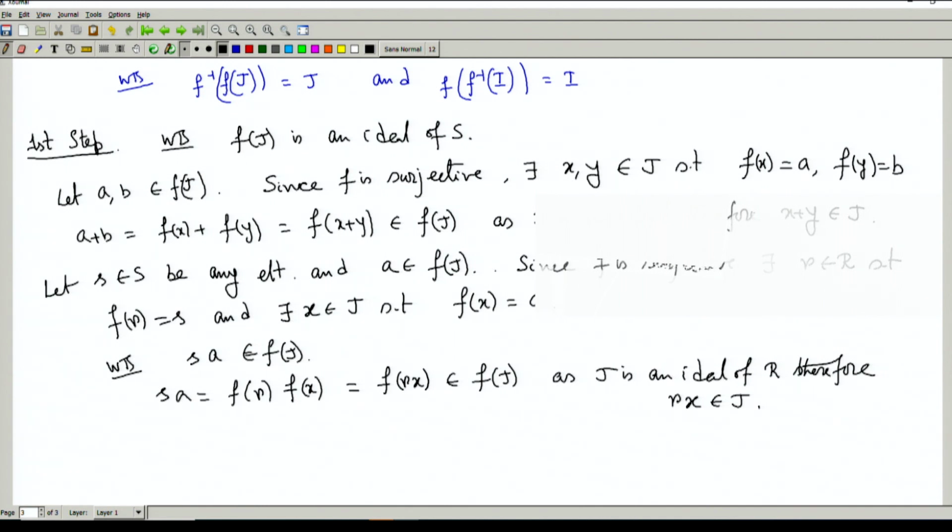Now, I will show the next, that is step 2.